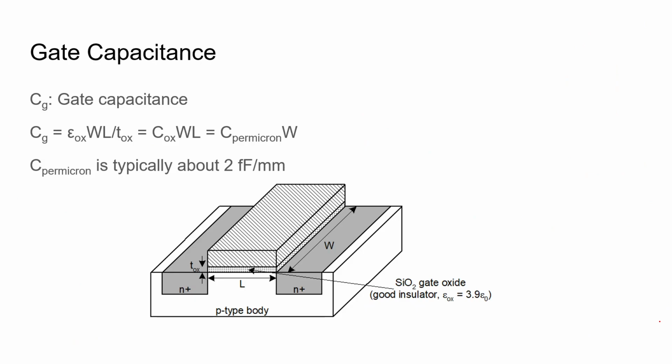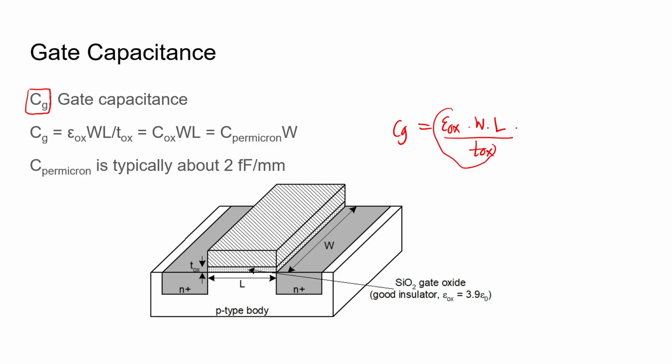So first, the gate capacitance. Gate capacitance is denoted by Cg. Basically, Cg is epsilon oxide times W times L over the thickness of the oxide.